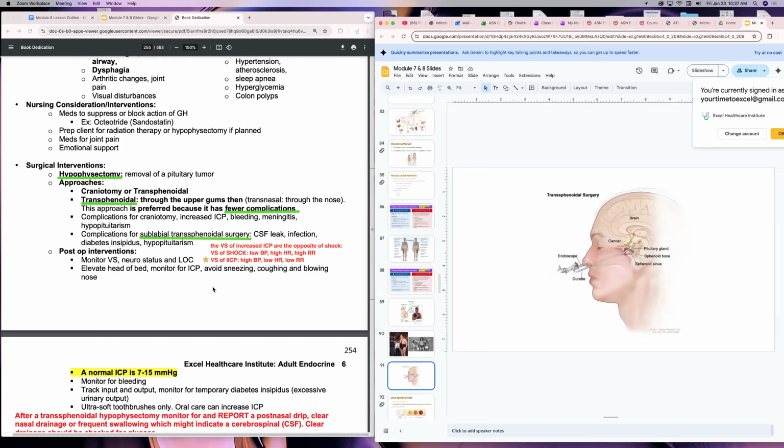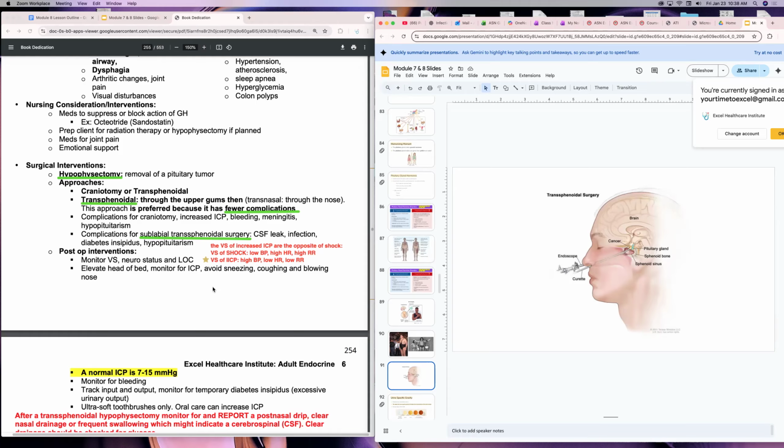So after that, you're monitoring the vital signs to see if they have the vital signs of increased ICP, which would be a high blood pressure, low heart rate, low respiratory rate, because that would indicate potential increased ICP, and you would want to communicate with the healthcare provider. You would want to monitor the ICP, which would be 7 to 15 millimeters of mercury, and you want to avoid activities that increase ICP, like sneezing, coughing, straining, blowing the nose. Okay.